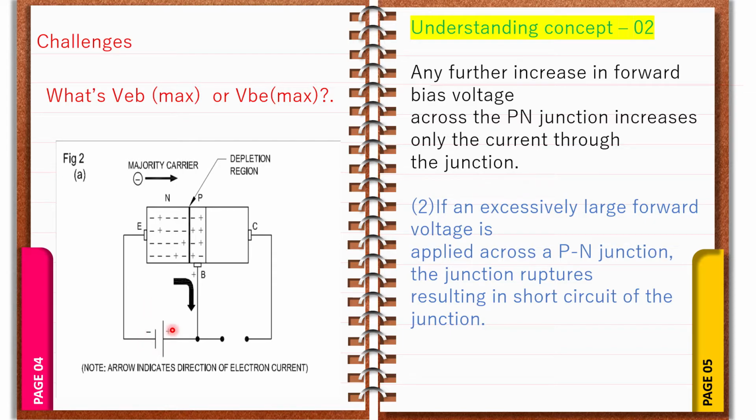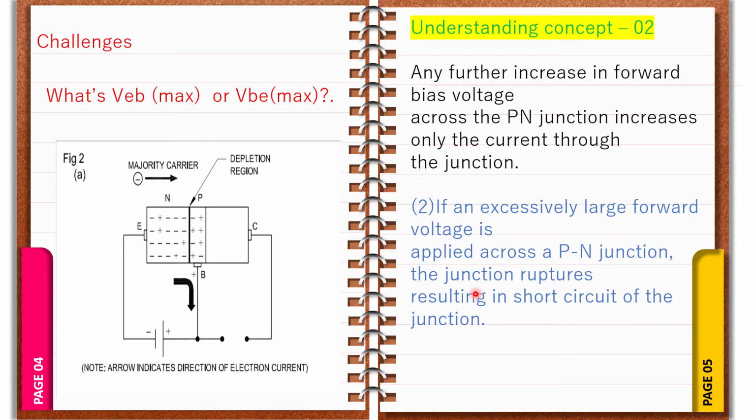Increasing this voltage is not useful. The emitter current increases, only the current increases. Next, if an excessively large forward voltage is applied across a PN junction, it ruptures, resulting in a short circuit of the junction.